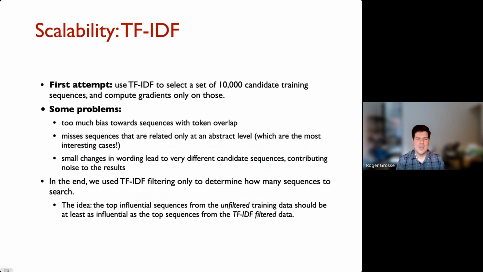And the way we wound up using TF-IDF in the end was essentially to determine how many unfiltered training sequences to search. So the idea is that we should search enough training sequences such that the top influential sequences we find with the unfiltered data are at least as influential as the ones that we get with TF-IDF.